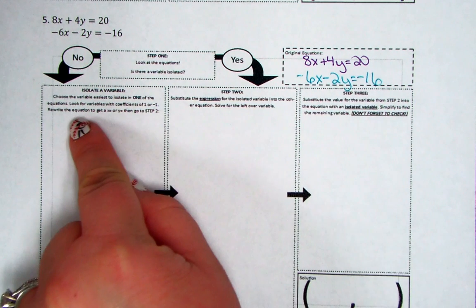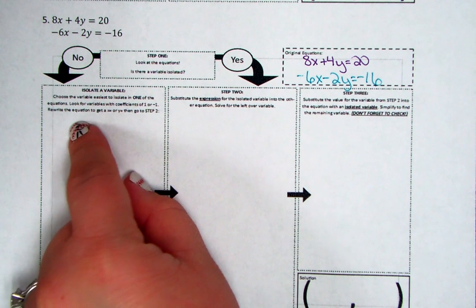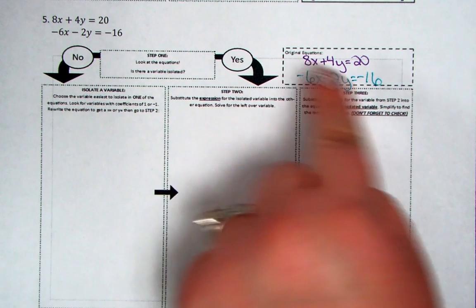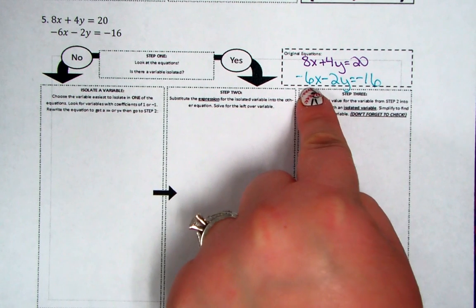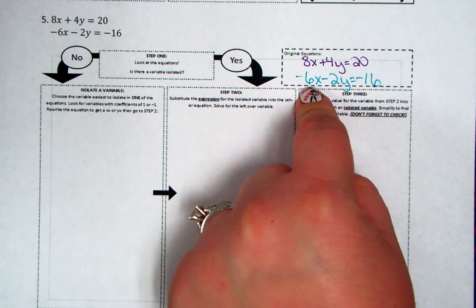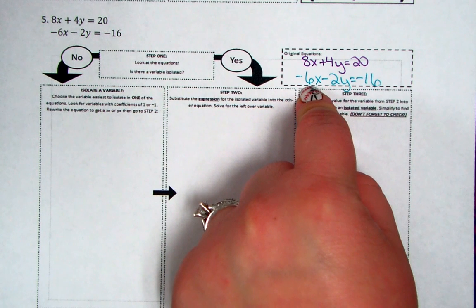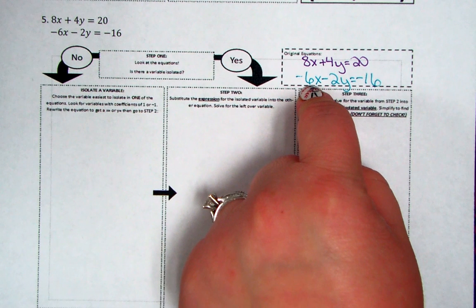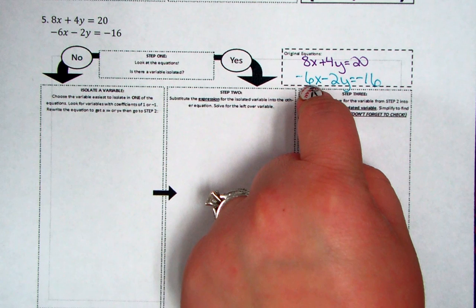And there isn't. So we have to follow along. Choose a variable to isolate. We want to look to see, is there an easy one to isolate? Looking at the 4 variables, there isn't one that doesn't have a coefficient written in front. So we have to find something ourselves.